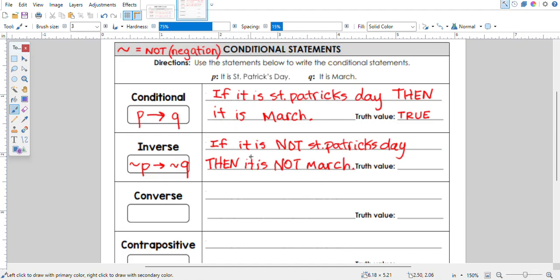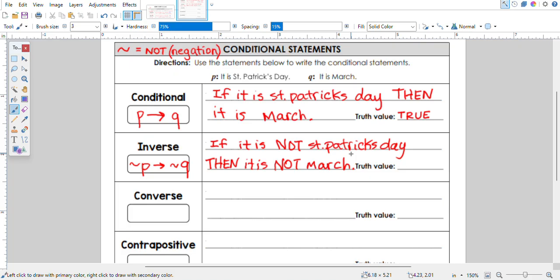Now, think about it this way. If I say it's not St. Patrick's Day, so it's not March 17th or March 15th, it's one of those 2 days. But if it's not that day, then it is not March would be false, because there are other days in March that it could be. It could just be March 1st.